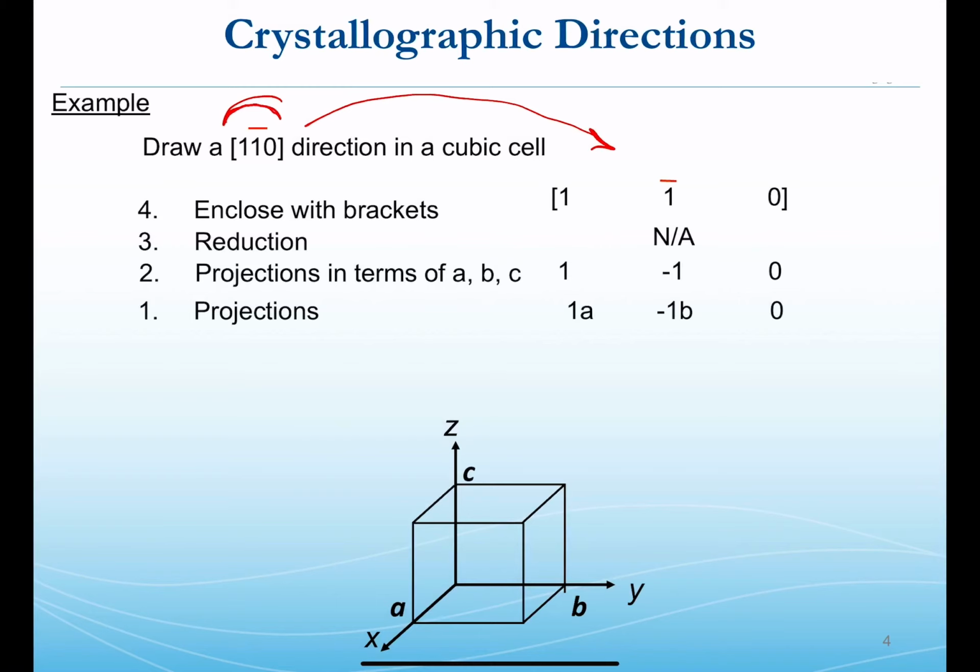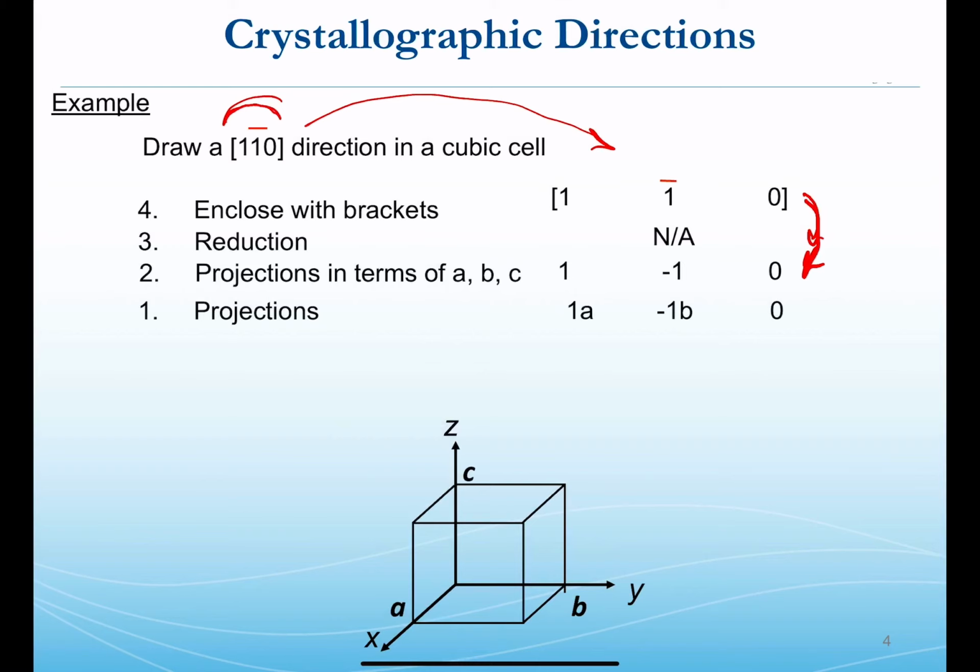So because reduction can't be predicted, we don't know what fraction we're handling here, so we skip the reduction step, that was step 3, and advance right to thinking about how we take that information and use it to direct ourselves to the arrowhead from the origin.